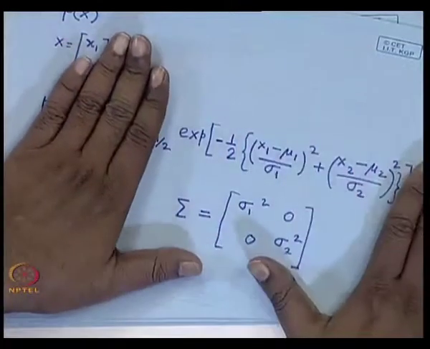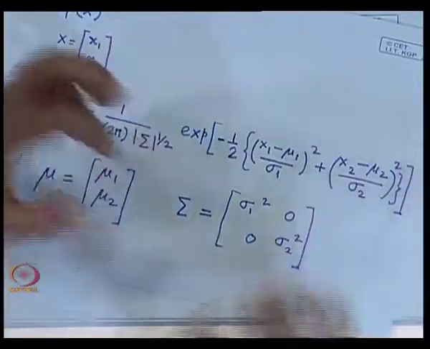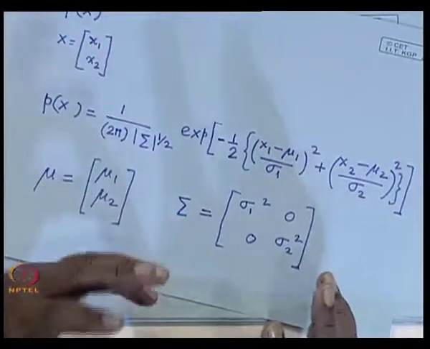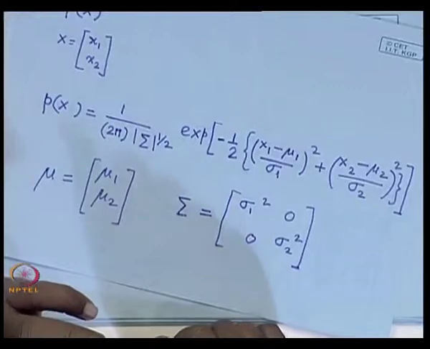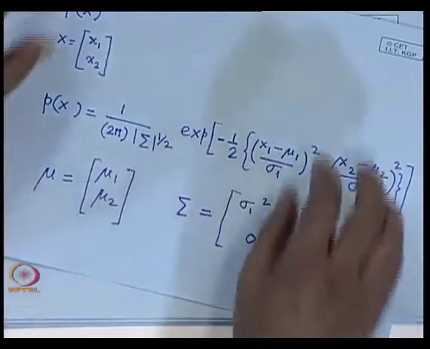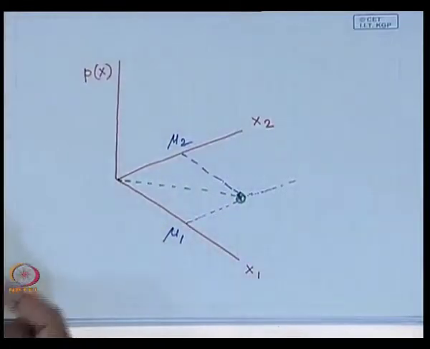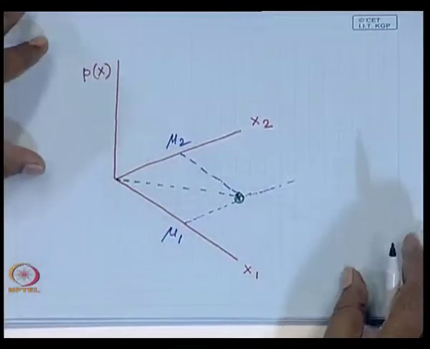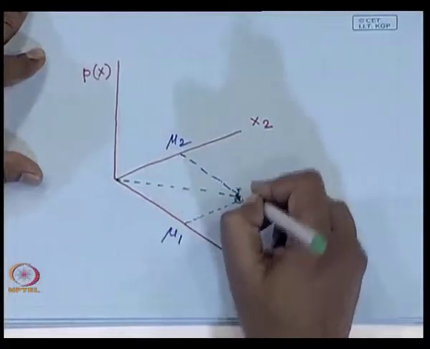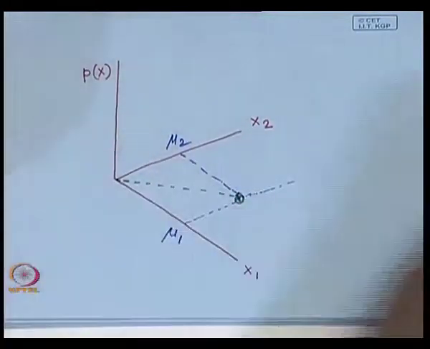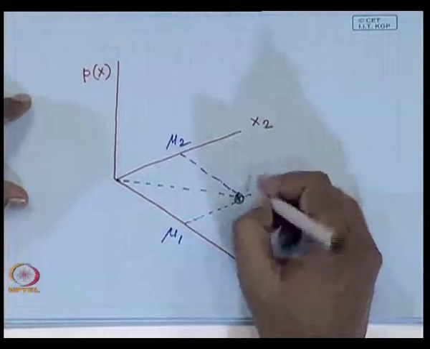So, this overall exponential term is actually a product of two normal density functions, or two Gaussian density functions, right. If I plot this in two dimensions, I will have something like this.